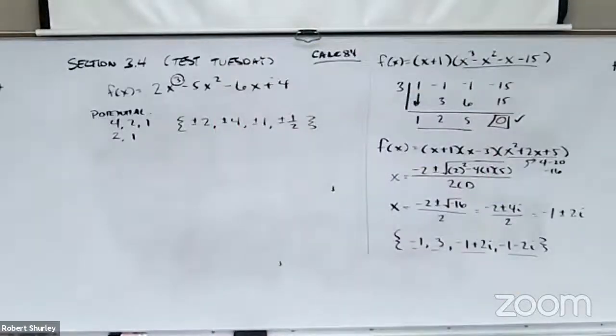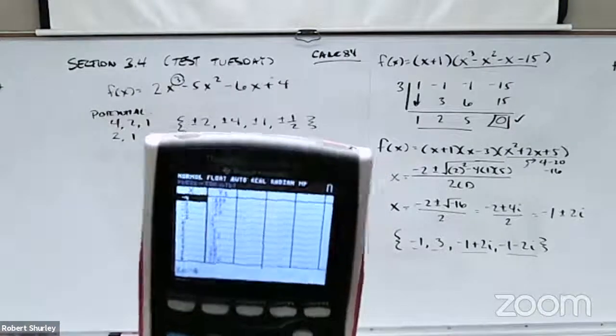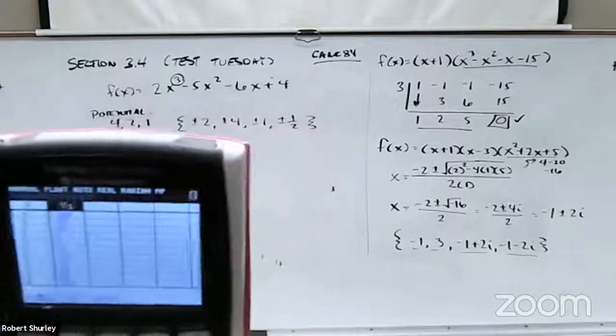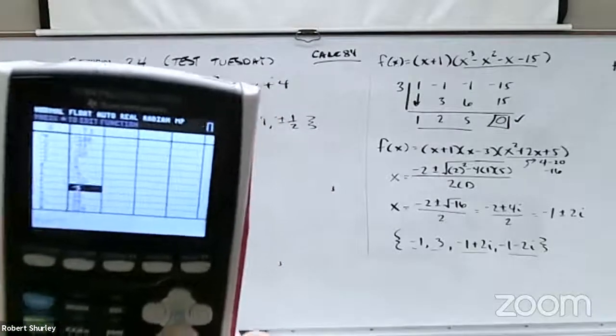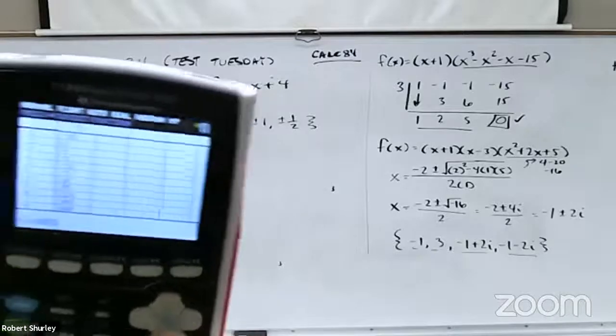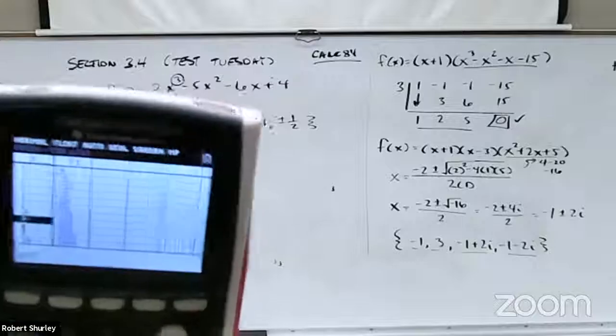But all 3 of these, if you look at them, now if you go to table, you'll see that too. We can go up and down on the 2, 4, and 1. You'll see that there's no 0 on the right-hand side here. Look, if we go up or down, we're not going to get a 0. Okay, so it means that none of the nice integer x's are going to give us 0.